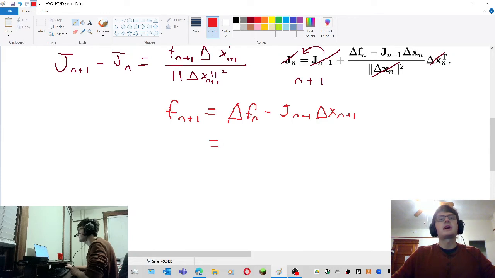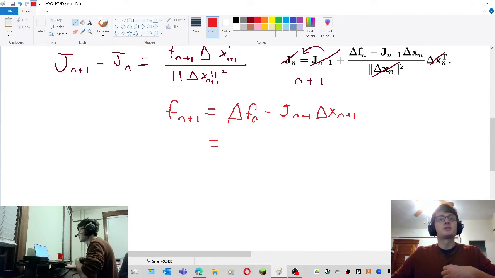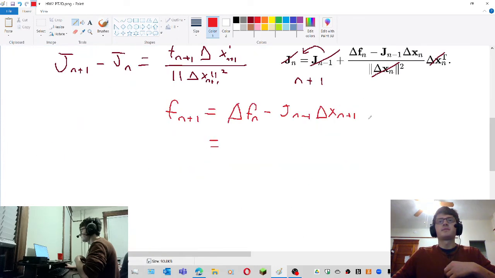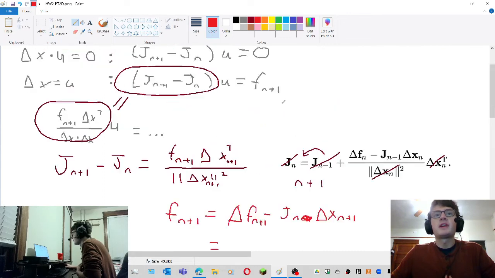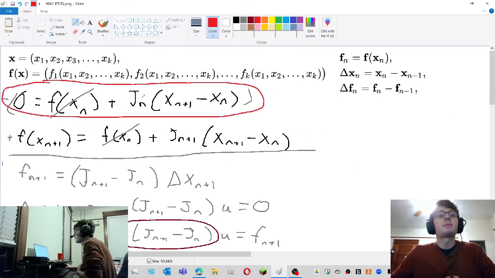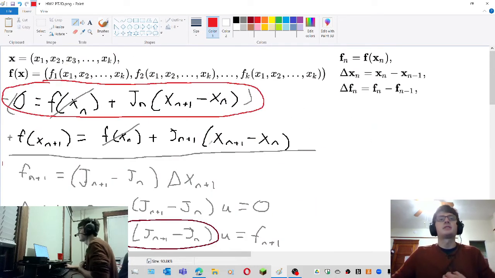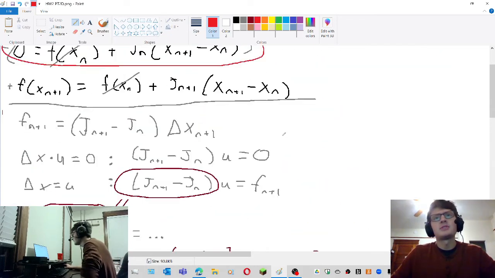So if I write this out, I could split this up into a couple terms in terms of f_n. But then this delta f_n, what does that mean? It should be delta f_{n+1}, and that's because I added n plus 1 over here, but I forgot to do that. So this should be the Jacobian of n, which is what I have in this term up here, and then x_{n+1}, that's correct. So that's what I have up here. I was stumbling because I forgot what I was trying to do there.